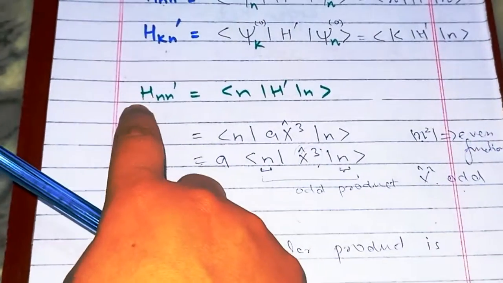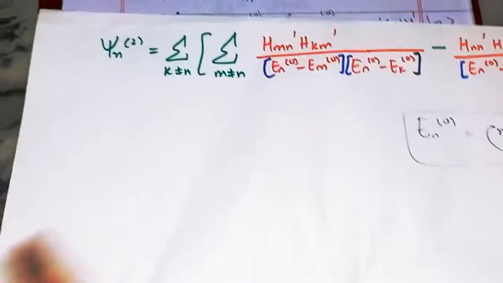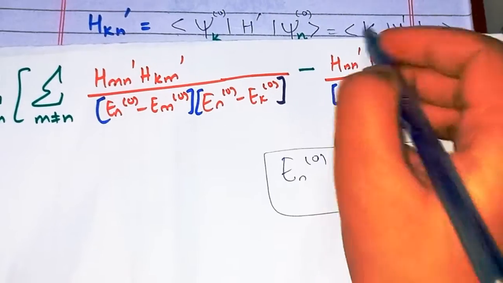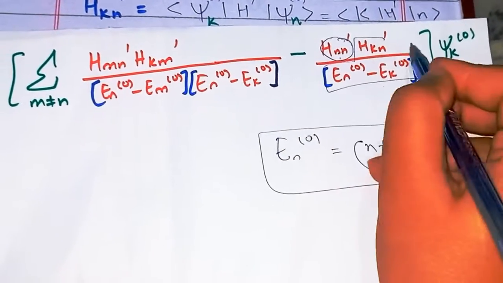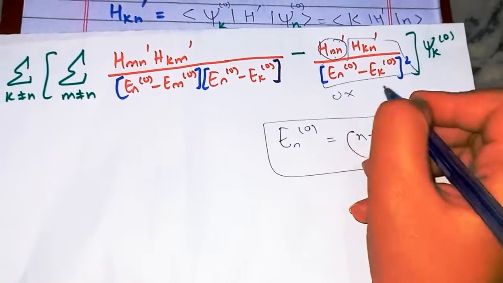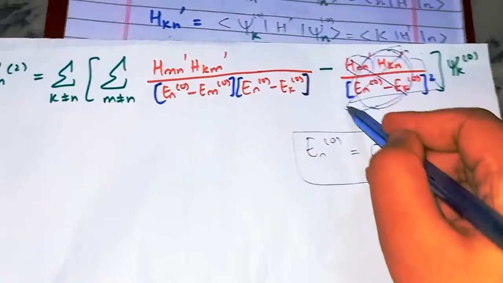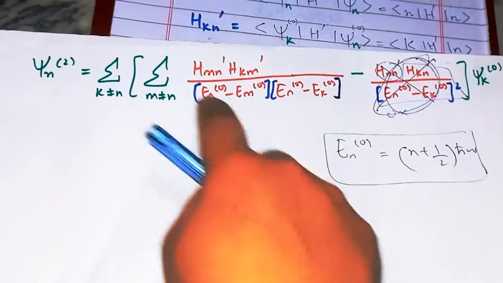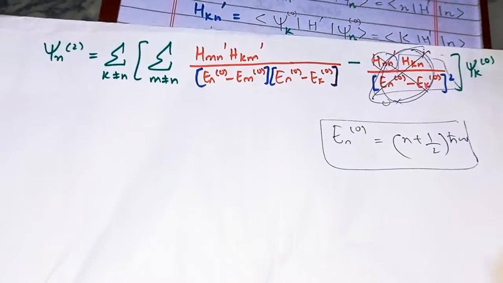Alright, so we can see that this term is 0, and if you refer back to this expression, you can see that this is the term we were talking about, and it's equal to 0, and it multiplies with all of these quantities. It's like 0 multiplied by this whole quantity, which makes the whole term 0, and we have this term right out of the scene, and we have only this term to solve in order to calculate the second order eigenvalue.